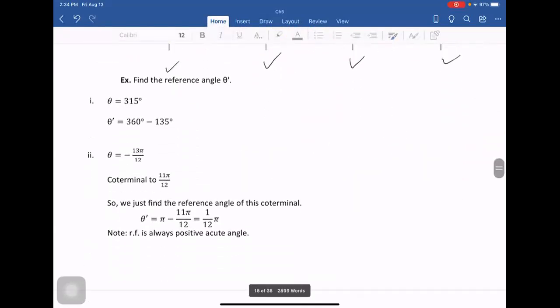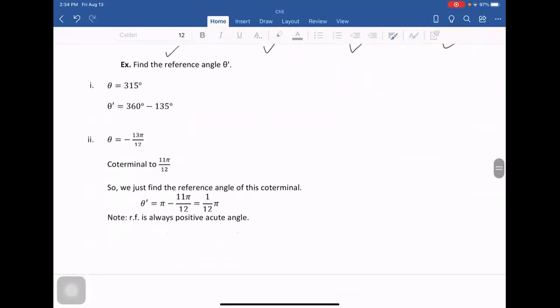Okay, let's move on. Find the reference angle. Theta equals 315 degrees. For me, I'd like to draw the picture, draw the point first.